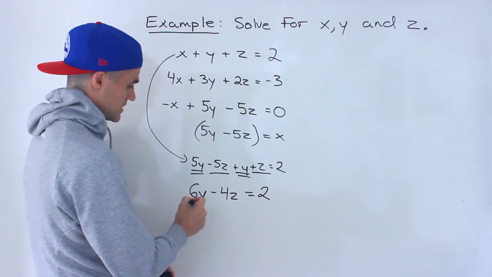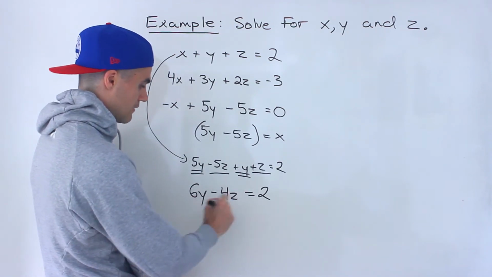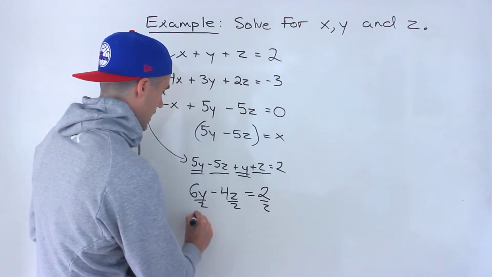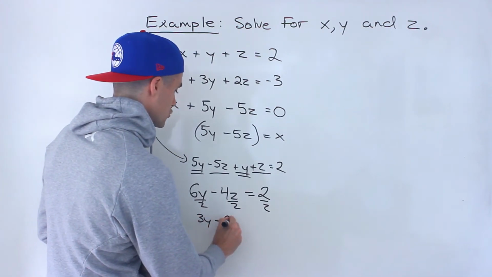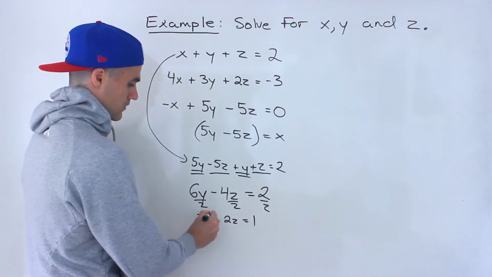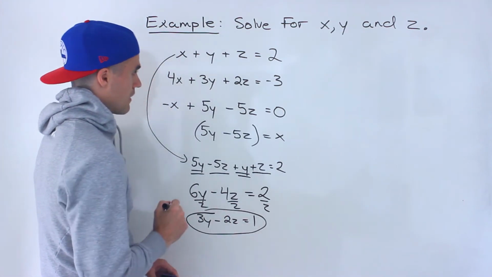And notice we could simplify this even further. We could divide everything by 2. So we would have 3y minus 2z is equal to 1. So that's one of the equations that we're going to have.